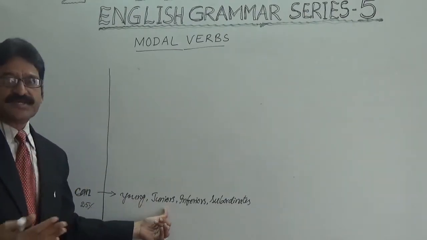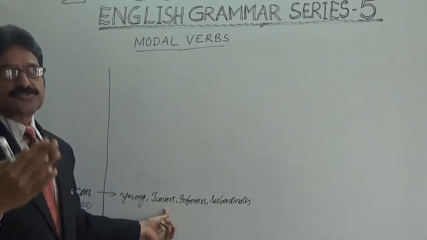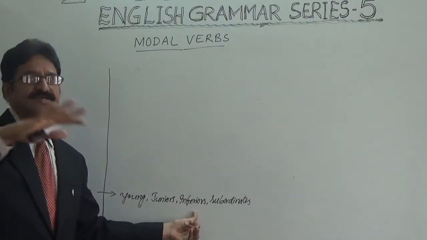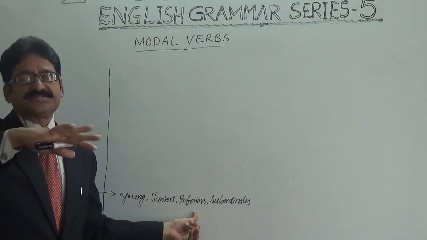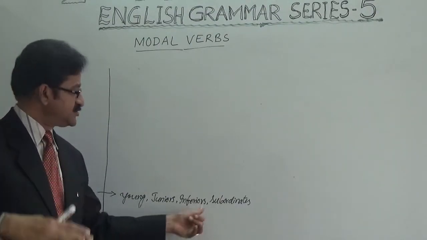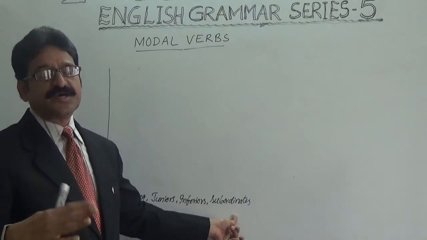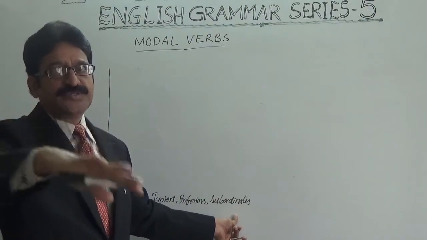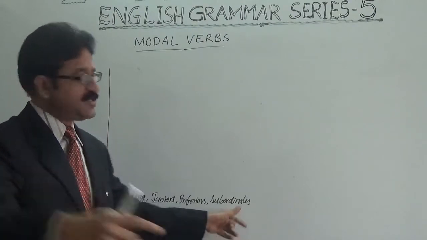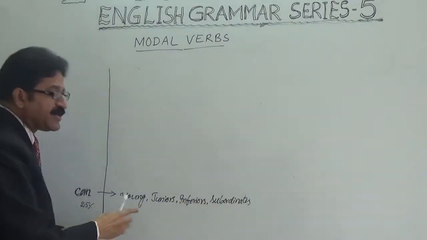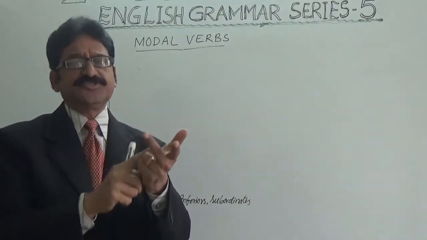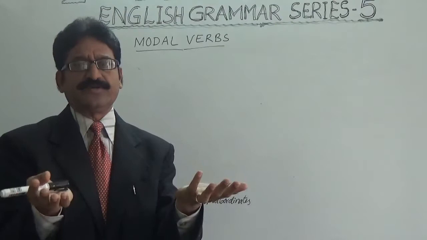And juniors, regarding education, the juniors who are studying in the lower classes to you. And inferiors, in social status or something like that. And subordinates, according to the profession, the people who are working under you in the lower cadre, isn't it? Here, all these people are lower cadre people, either by age or education or profession or cadre or whatever it might be.